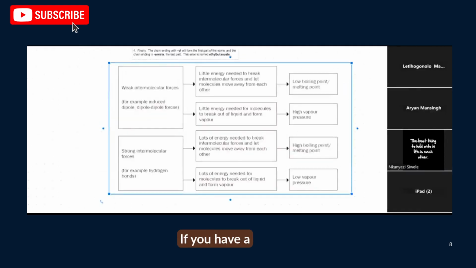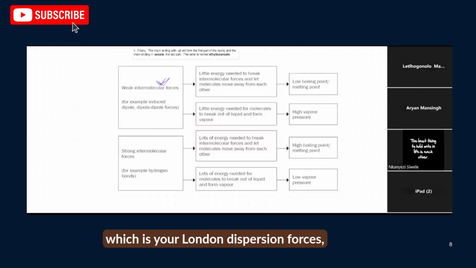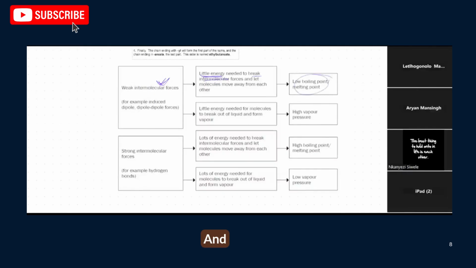If you have weak intermolecular forces, for example, induced dipole, which is your London dispersion forces, dipole forces, right? Then we would require little energy in order for us to break the bonds that exist. So therefore, you would have a lower boiling point.